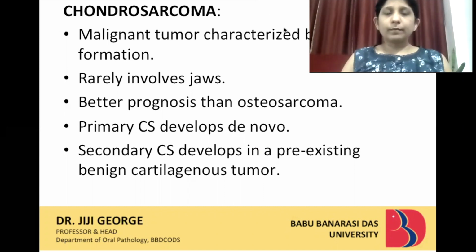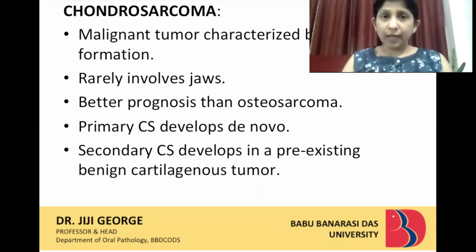Before learning about chondrosarcoma, it would be better to understand normal cartilage. Usually we hear about the hyaline cartilage, which has cells entrapped within its own matrix called chondrocytes, the mature cartilaginous cells.